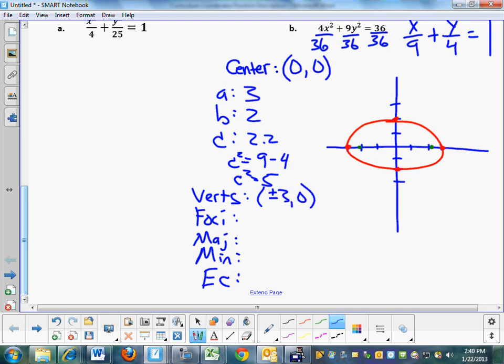Good. Foci: plus minus 2.2, 0. Length of the major axis. Minor. For eccentricity, I take C, 2.2, and divide it by A, which is 3.